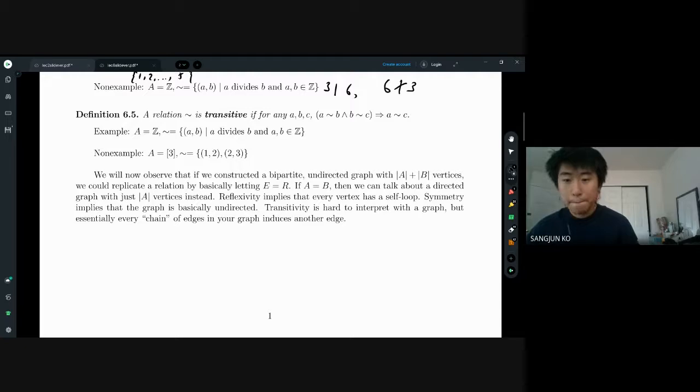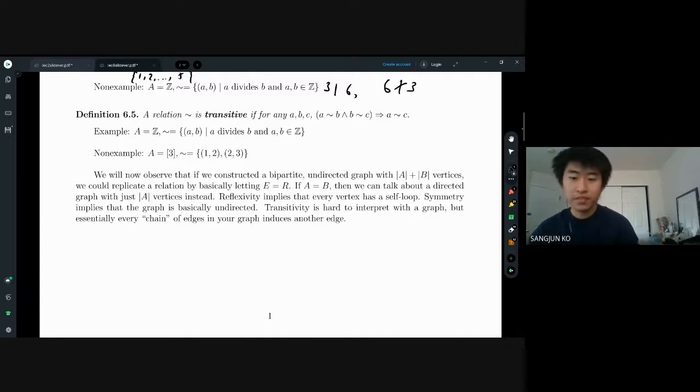Then you can basically think about a relation on a graph. Basically, that's what this means. If A equals B, then we can talk about a directed graph with just that many vertices instead.